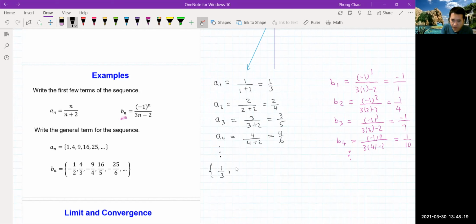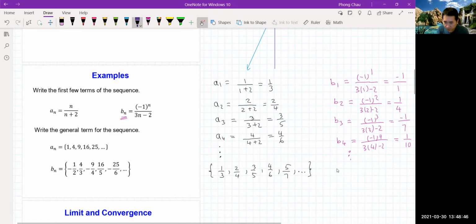Notice that I have 2/4, but I don't want to simplify, so you can recognize the pattern. 2/4, 3/5, 4/6. What's the next term? Right, you can see the pattern. It must be 5/7, and so on. So that generates the list, the sequence.